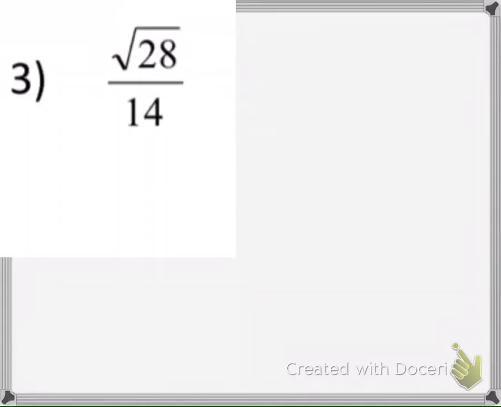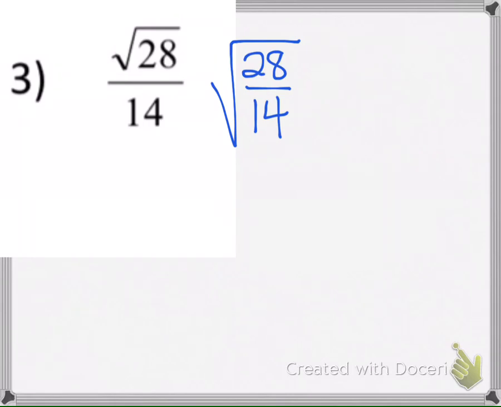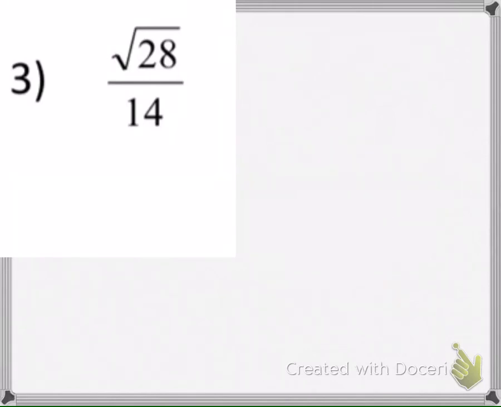Alright, in this problem here, we cannot join them, because the quotient rule says that we can join them if their indexes are the same. So in this problem here, this is not the square root of 14, so we cannot join them. We also cannot say, oh, 7 goes into 28 4 times, and 7 goes into 14 twice, because this is not 28 over 14.